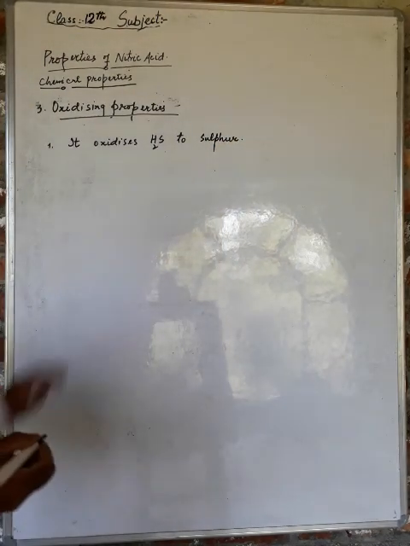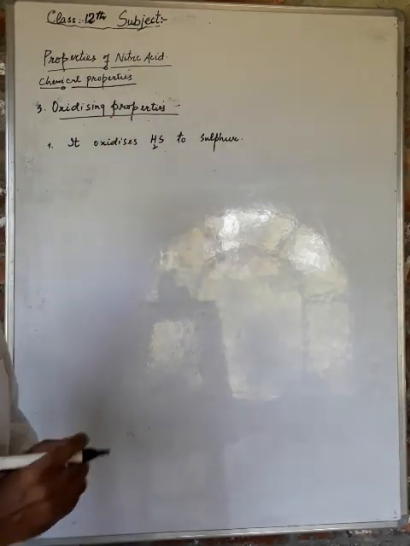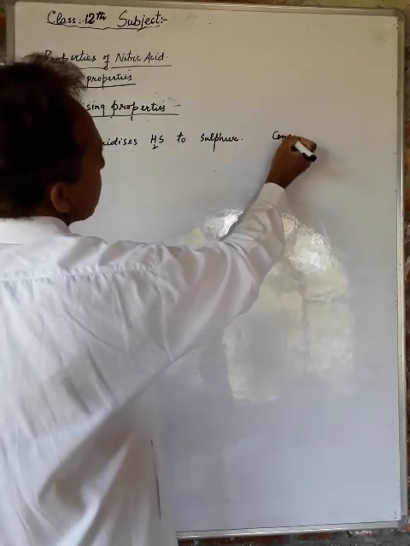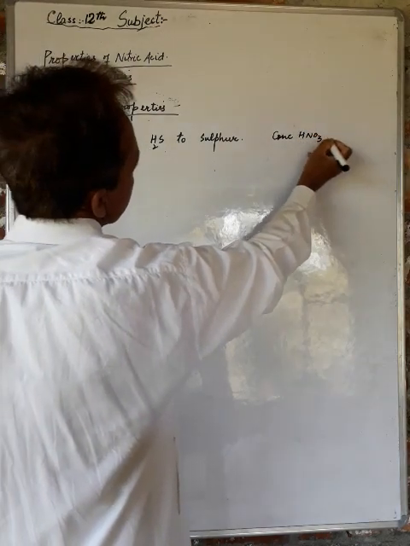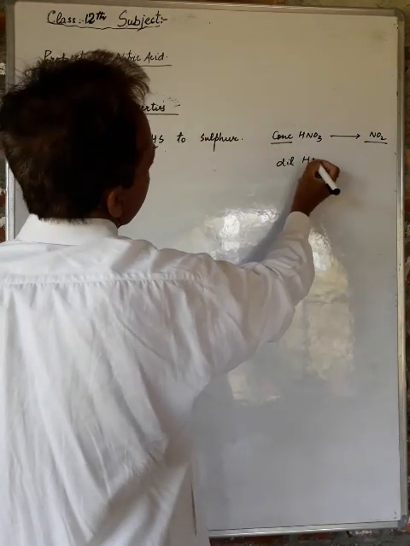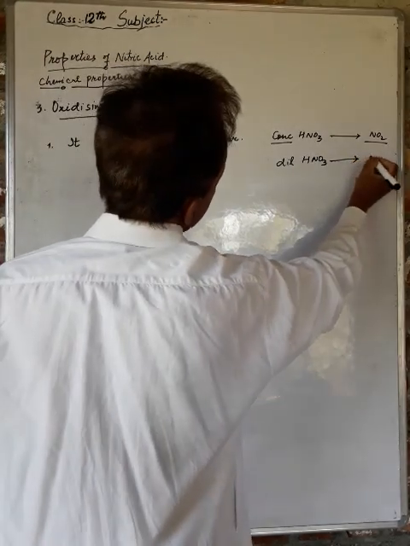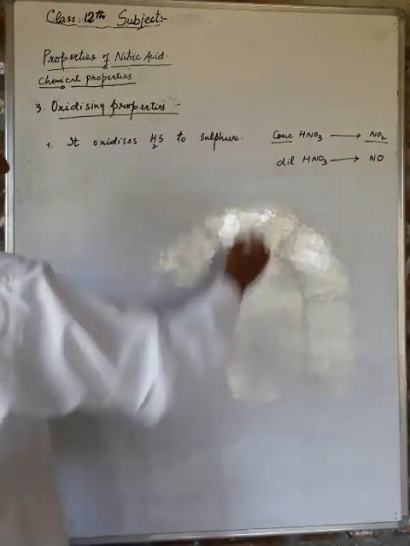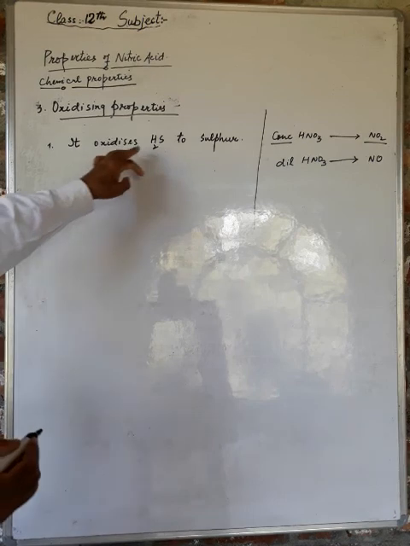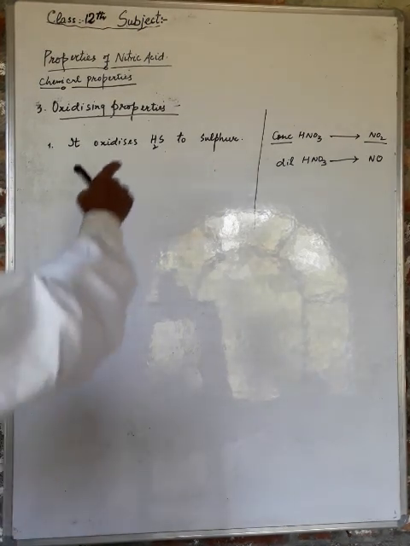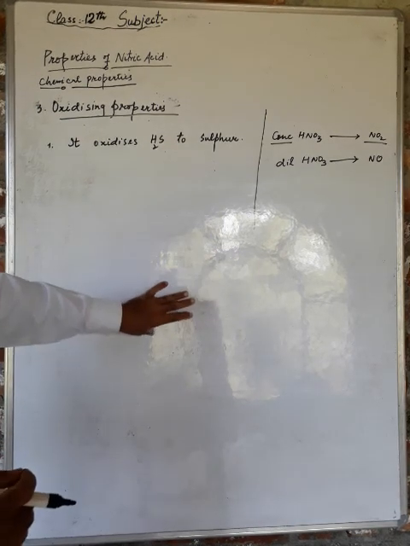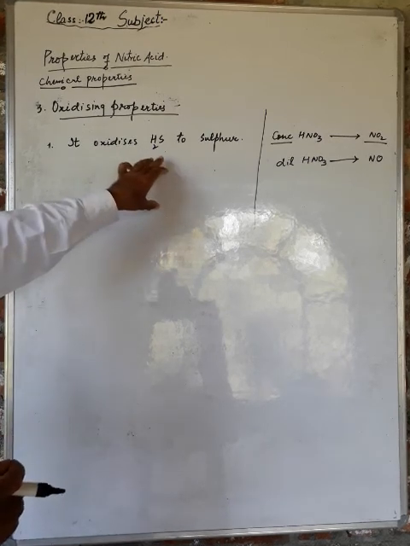First, we must keep in mind that this nitric acid, which acts as a strong oxidizing agent, if we take concentrated nitric acid, it itself gets reduced to NO2, and dilute nitric acid gets reduced to NO. When it reacts with the non-metals or with the compounds, first we will take its reaction with the compounds.